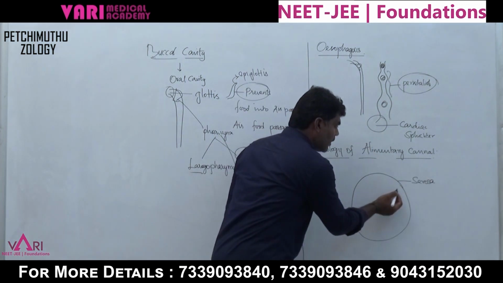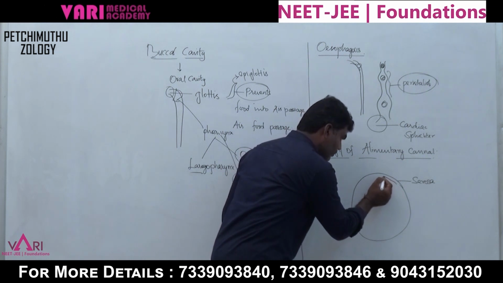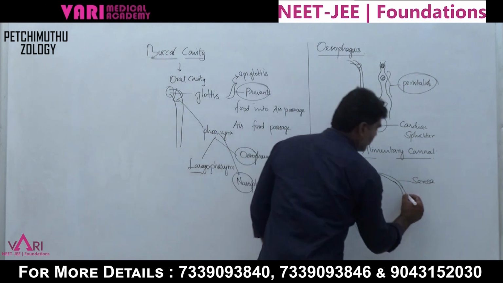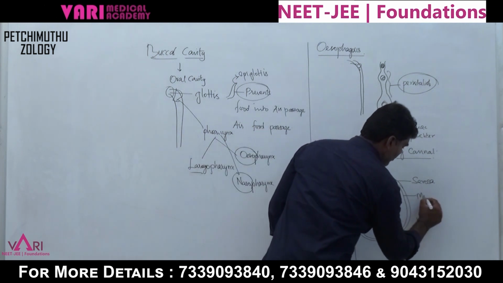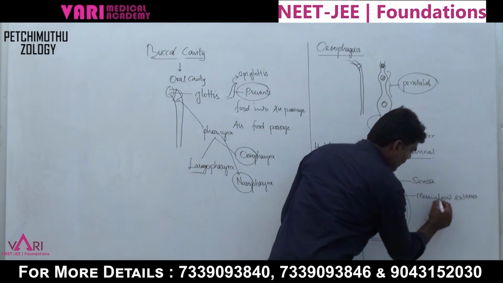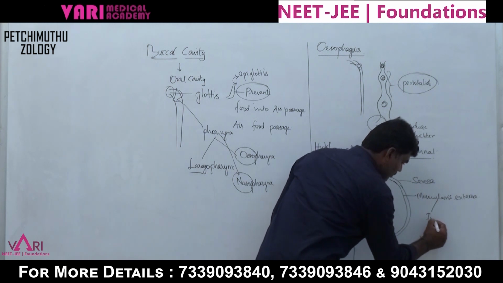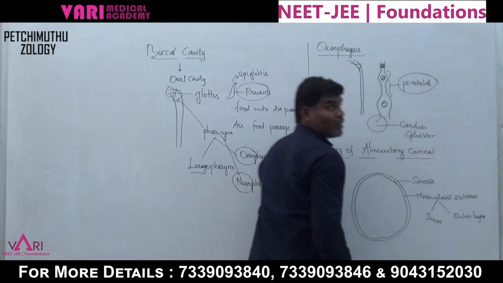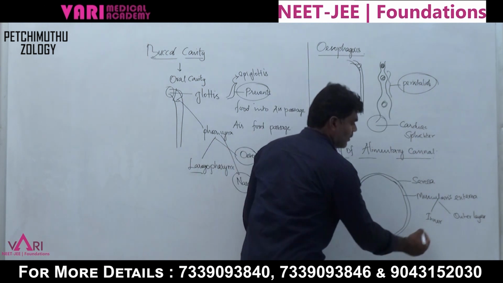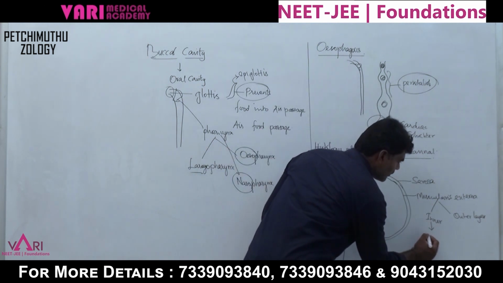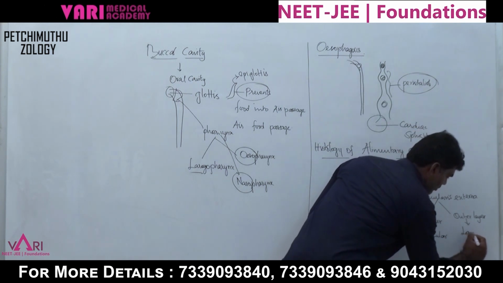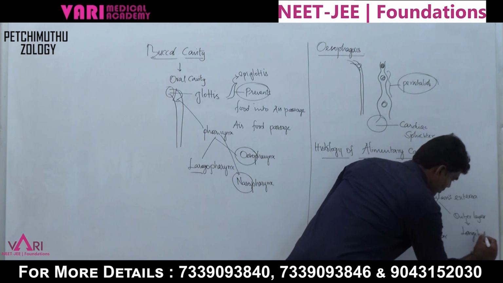Then behind the serosa is the muscularis externa, which has an inner circular layer and an outer longitudinal layer.